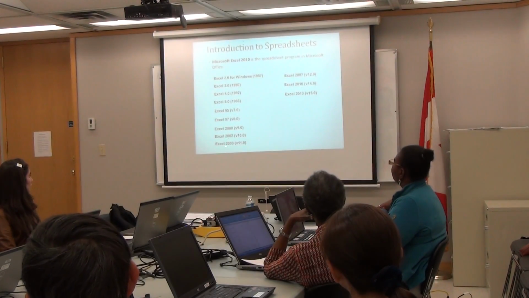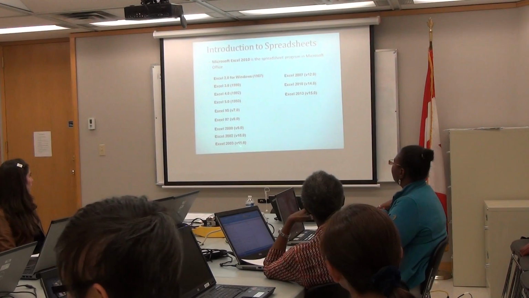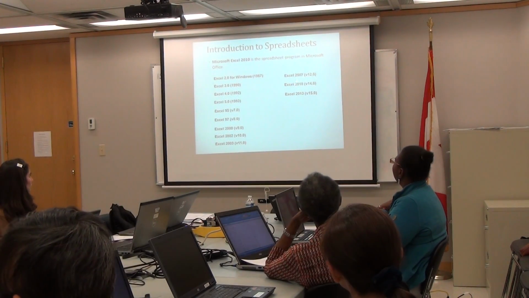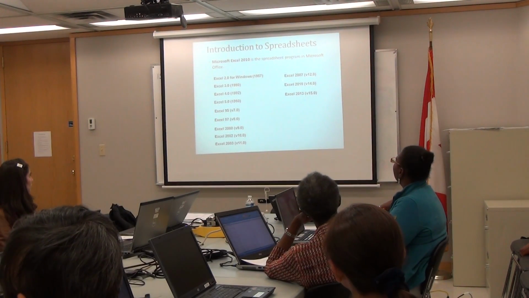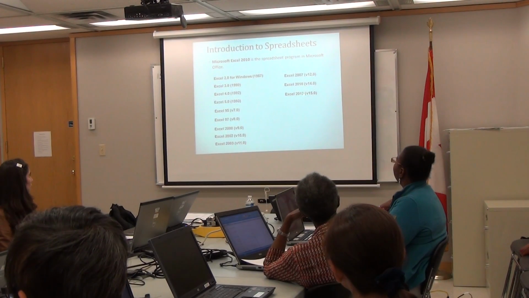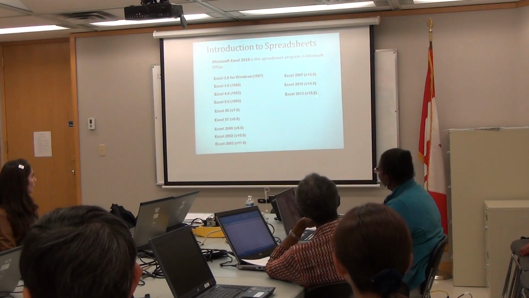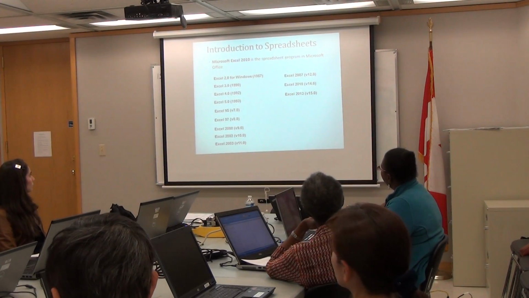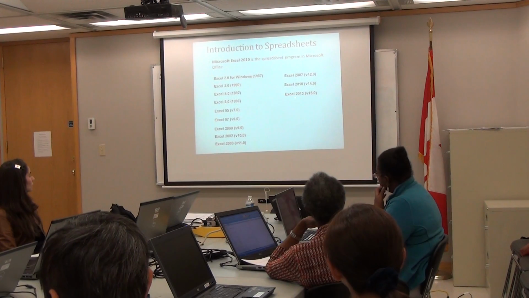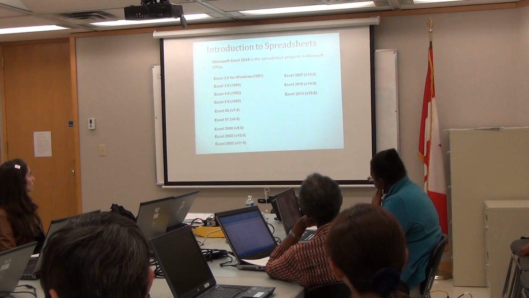In 2003, they came up with version 11. In 2007, they came up with version 12. In 2010, they came up with version 14, which is the version we're going to base this workshop on. And in 2013, they have version 15. But as I have said, it's commonly known as version 2013, version 2010, version 2007, and so on, right?